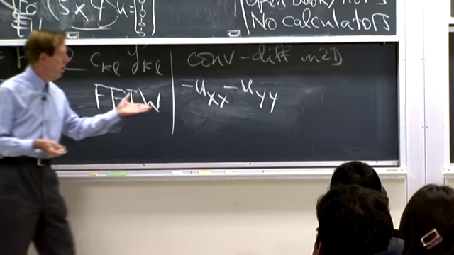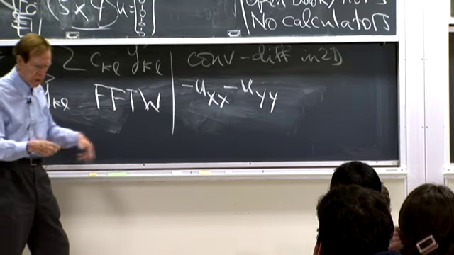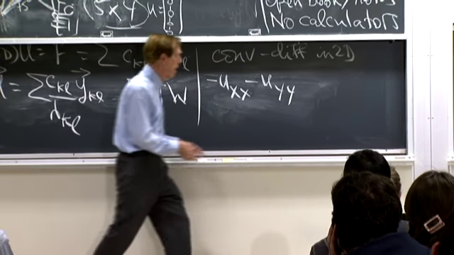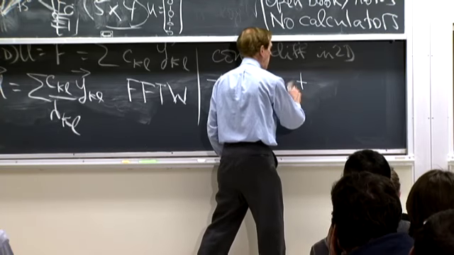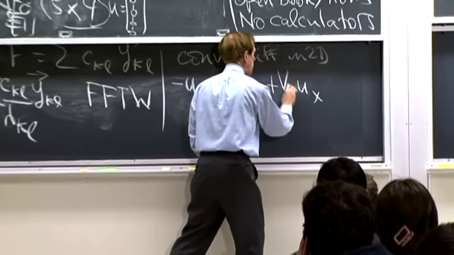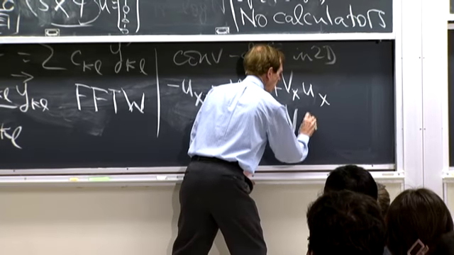I made it simple by taking c of x to be 1, though it could have a c of x in there. And what would the convection term look like? I'd have a velocity in the x direction, say vx, and a velocity in the y direction, vy.